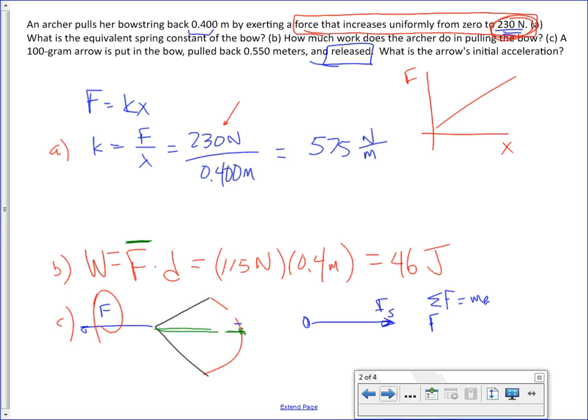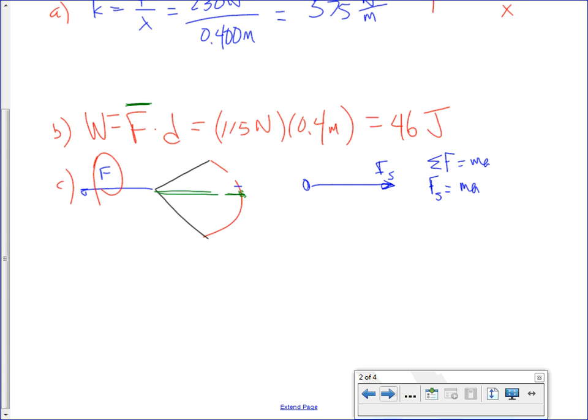And we can say that the spring force equals ma, or that kx equals ma, or that a is kx over m.